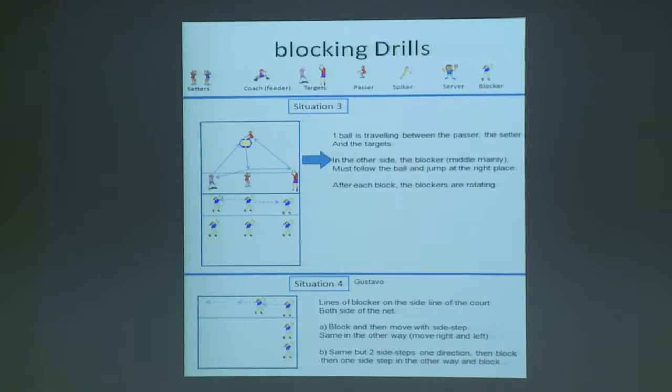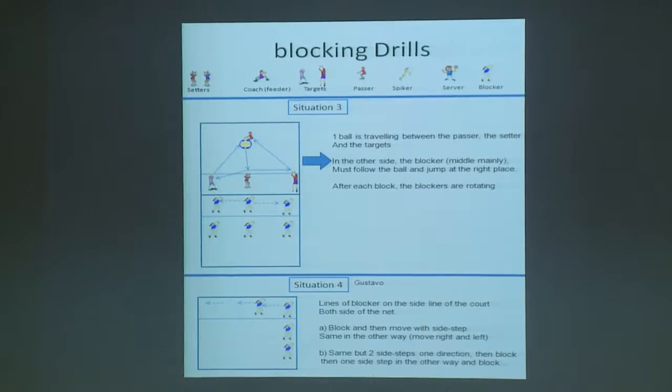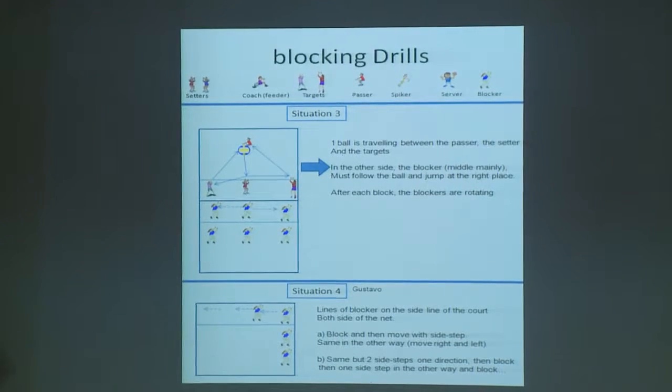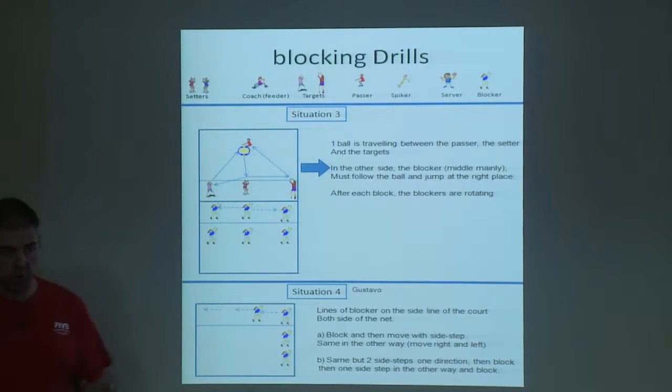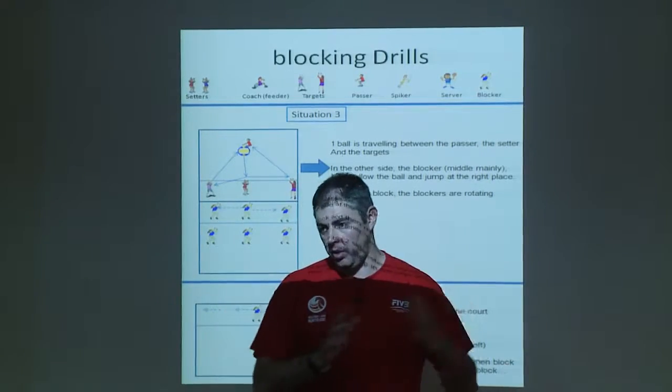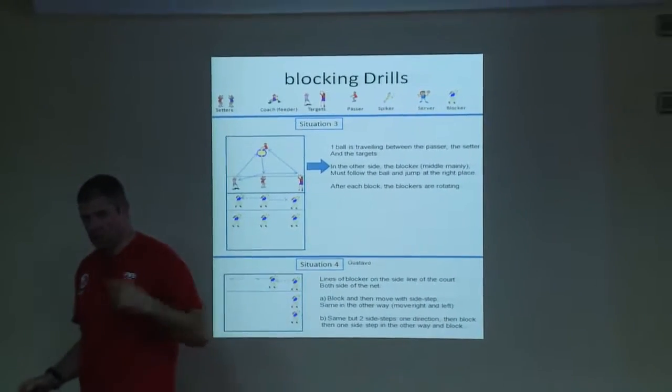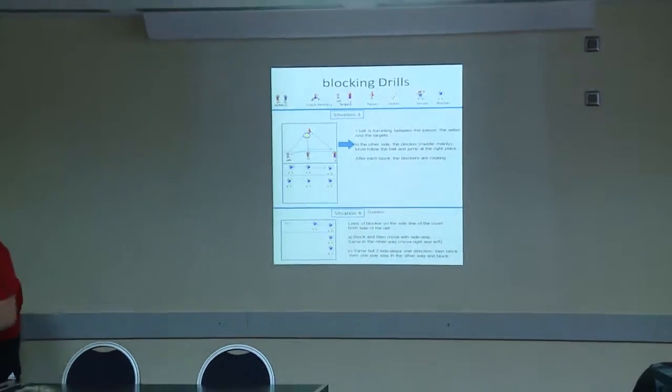And then the one below is basically, you've probably done it as young players, you start on one side, you make blocking footwork and you go across the width of the net and then come back the other way. So lots of repetition.